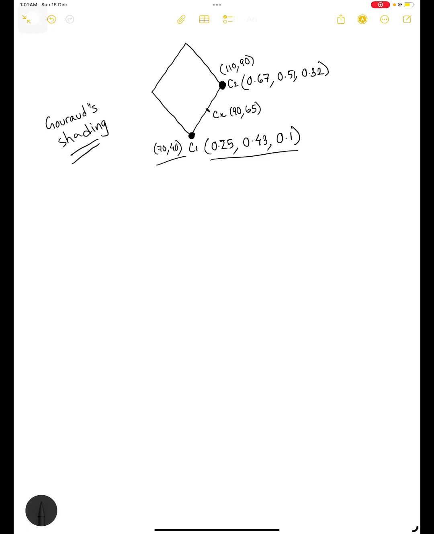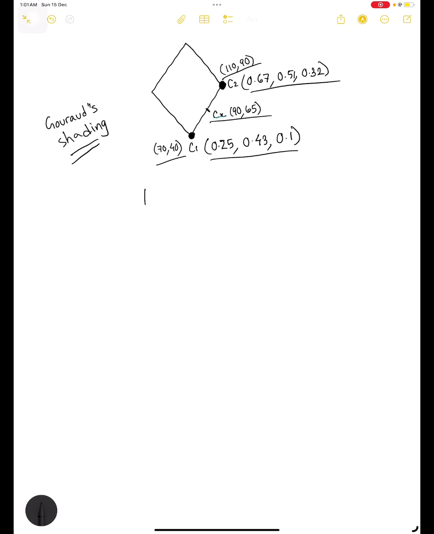For C2, the RGB components are given, as in the colors of C1 and C2 are given, and the coordinate of point C2 is 110, 90. The coordinate of our point CX is given, and now using Gouraud shading, we are supposed to find the color of the point CX. How can we do that?